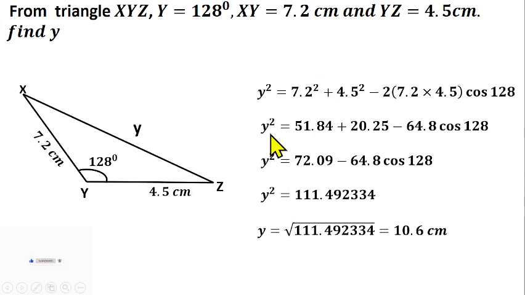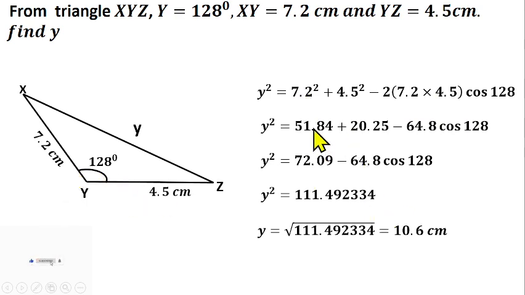So if you want to use cosine rule, what do we have? We have the square of the side we are looking for, which is y squared, equals this squared plus this squared minus 2 into this times this, times cos of the angle facing, which is 128.